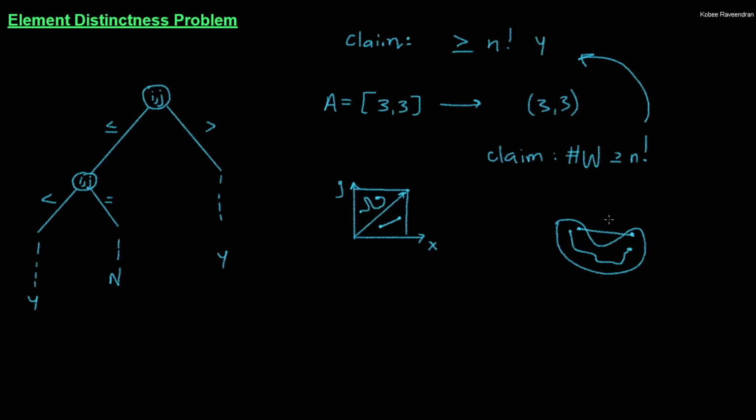It's connected but not convex. But this also means that any region that is convex will also be connected. So that's what we're going to be using moving on. We want to know how many connected components there are, and that it's greater than n factorial, and we'll use this concept of convex and connected to later on contradict one of our future claims.